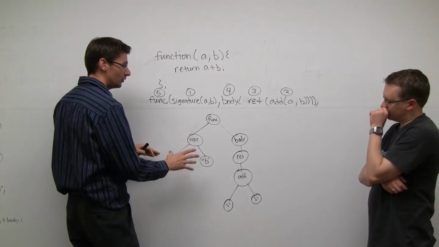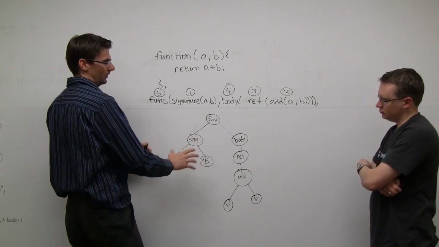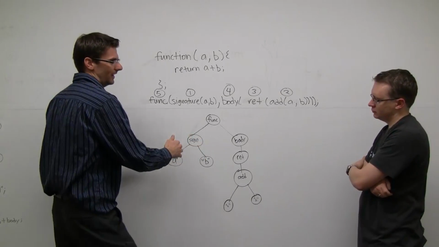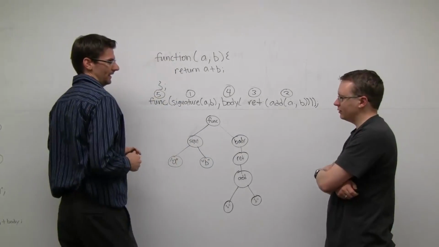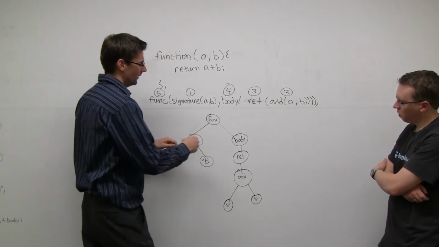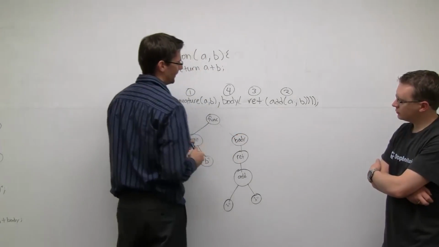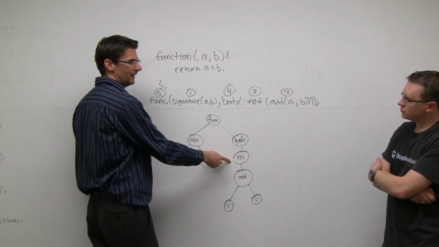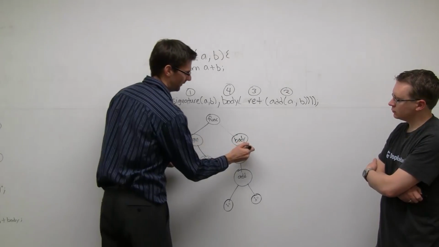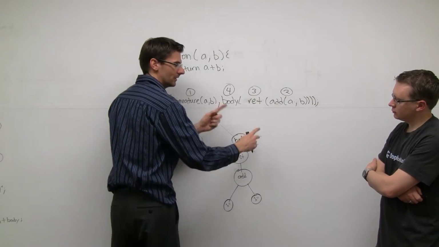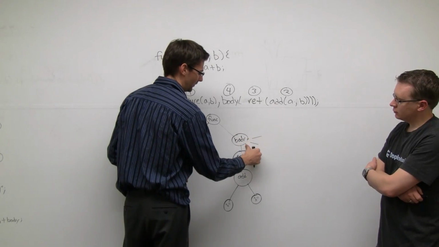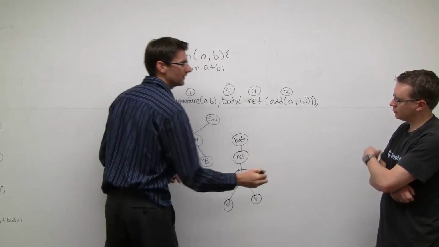The signature takes value expressions, in this case just two, but it could take any number of expressions. And the body, for example, we only have one statement inside that function, but there could have been 50 different things, but we're only doing the return to keep it simple.